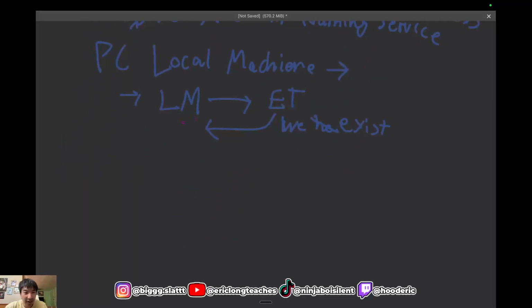Then your local machine sends another request back saying, cool, I got your message. Once that is established, this is called a three-way handshake.